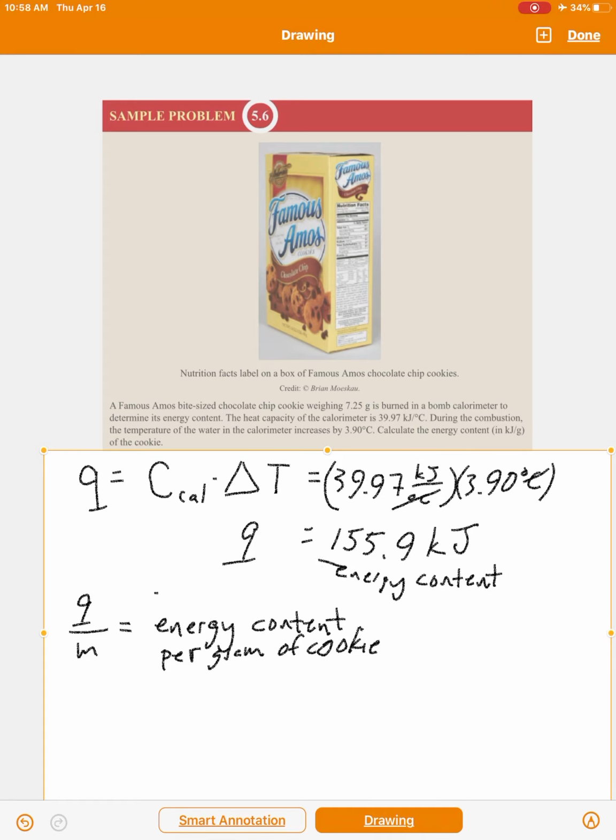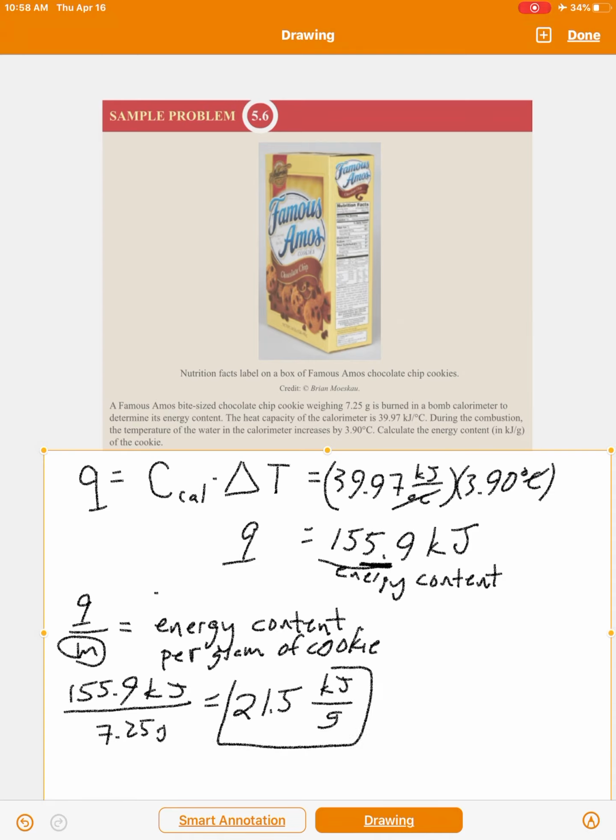The amount of energy that's released is this, but the cookie weighs 7.25 grams, so we're going to divide it by that mass. So 155.9 kilojoules, and we're going to divide that by 7.25 grams. And you get 21.5 kilojoules per gram.